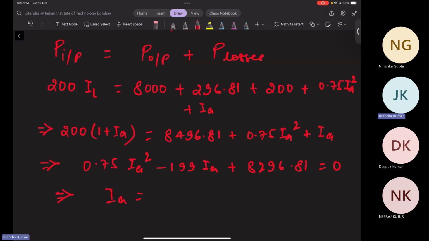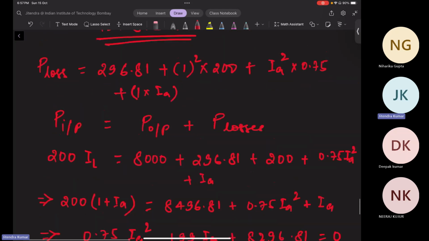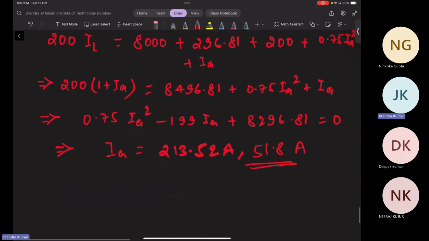Again, solve the quadratic equation. It will be 213.52 amps, and 51.8 amps. So again, we have to go ahead with 51.8 ampere because that is a reasonable amount of armature current.